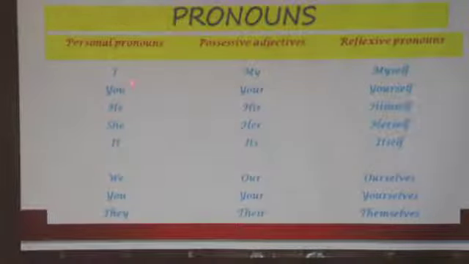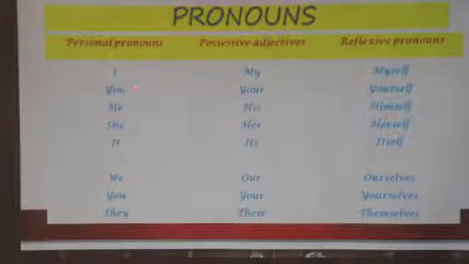Those pronouns are singular, and we have three which are plural: we, you, and they. And as you know, we use these pronouns as subjects of sentences, okay? So when we want to start a sentence, we use one of these as a subject. That's why we call them subject personal pronouns.